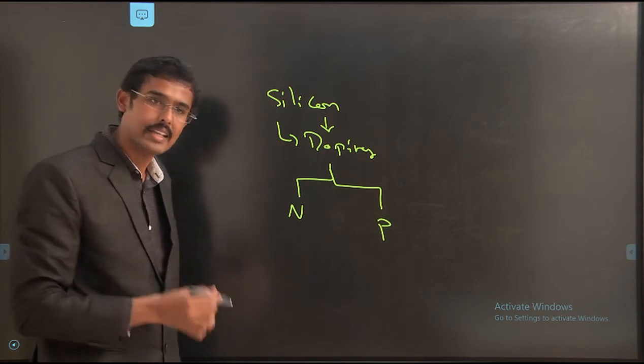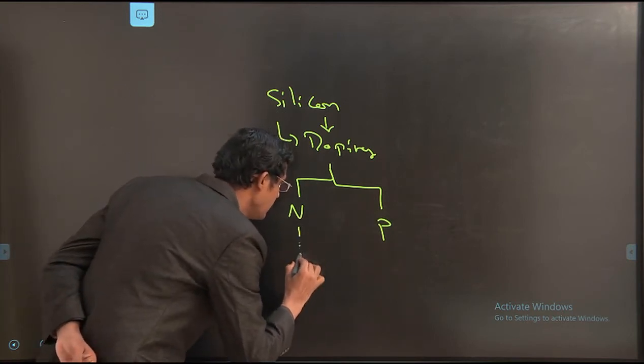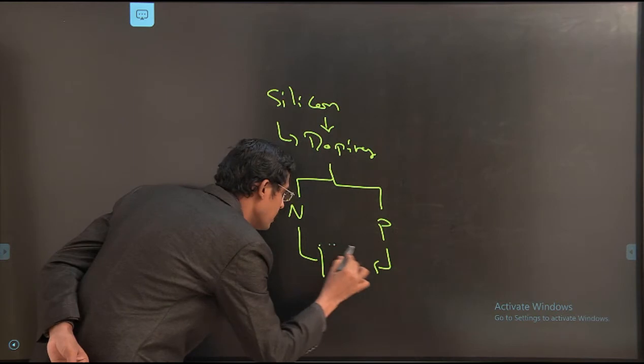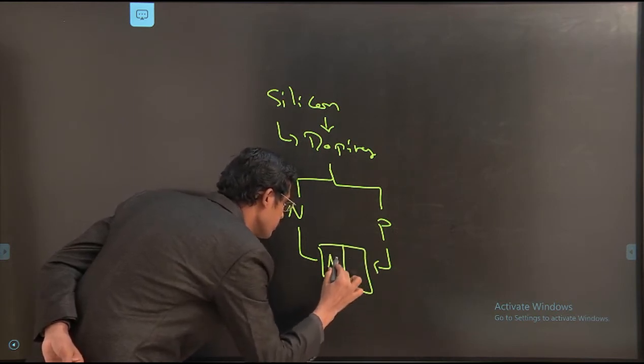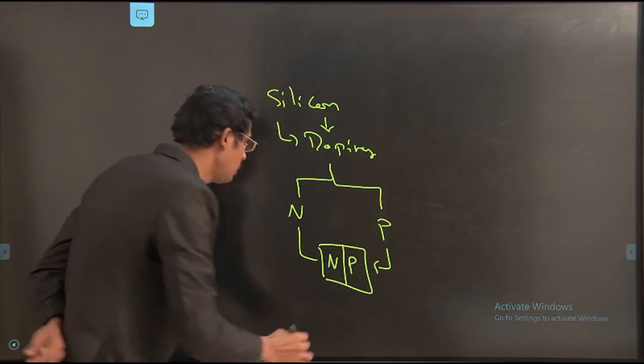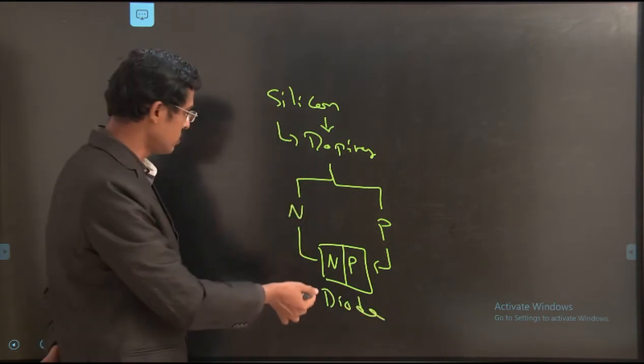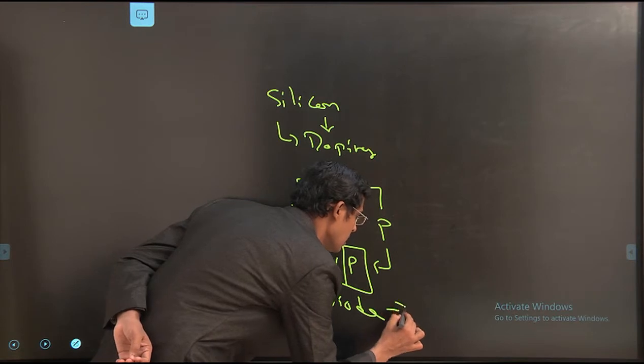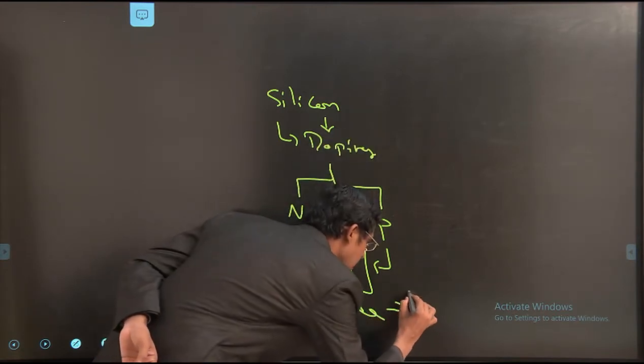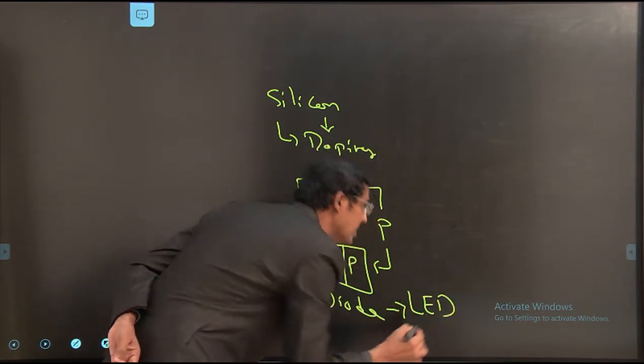We know this. And then again we have combined these two to make a PN junction. So we call this a diode. And then we have tried to convert this by emitting a light source as an LED.